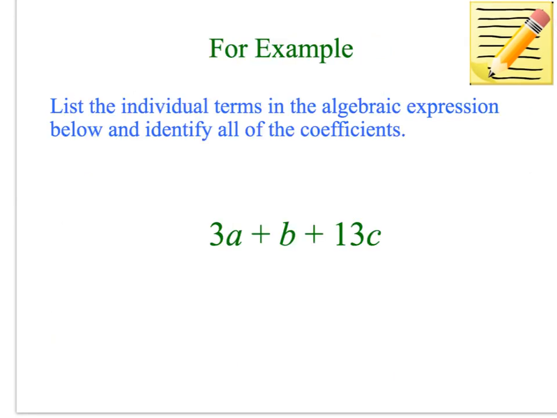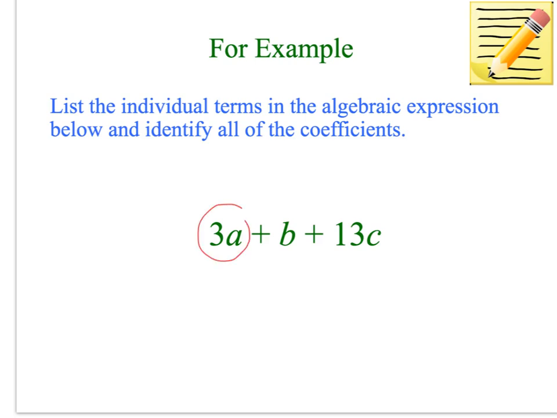So let's give you an example so that you can understand what I'm talking about. We need to list the individual terms and identify all the coefficients. The terms, as I said, are separated by the operation signs of addition and subtraction. So in this algebraic expression, there are 3 terms.